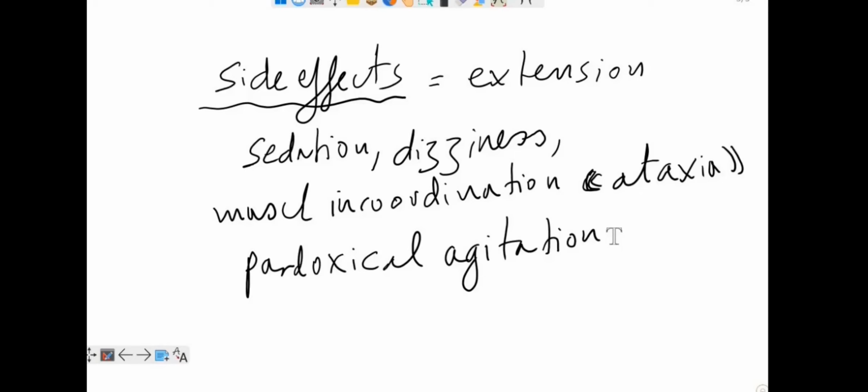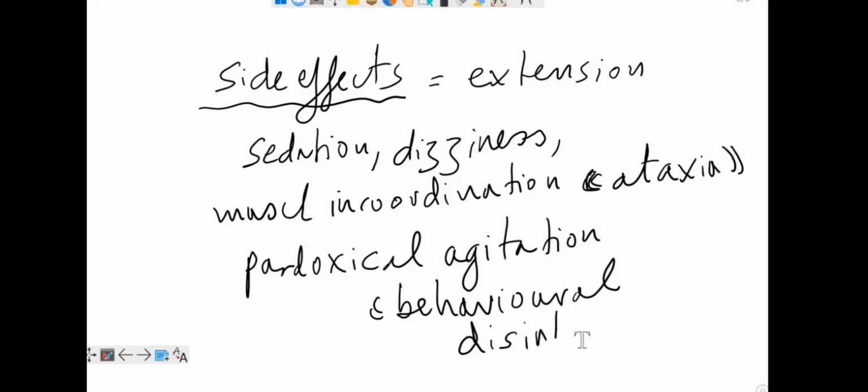This paradoxical agitation, in which the patient becomes hostile or aggressive, usually is known as behavioral disinhibition. Behavioral disinhibition. We talked about this disinhibition when we talked about the general anesthetics, okay?